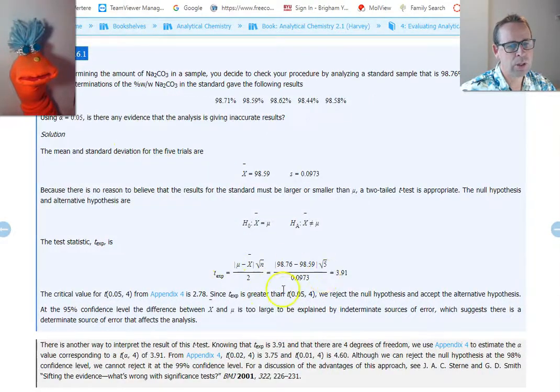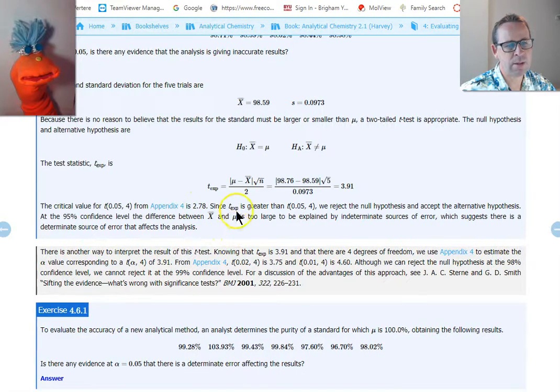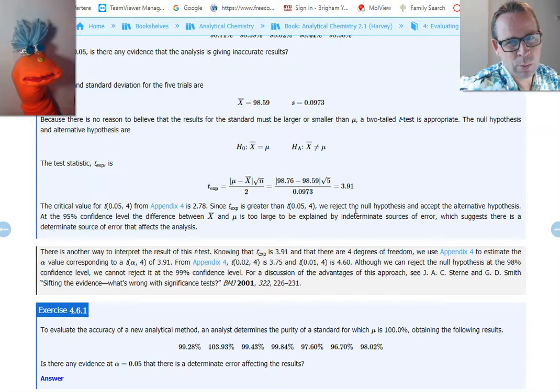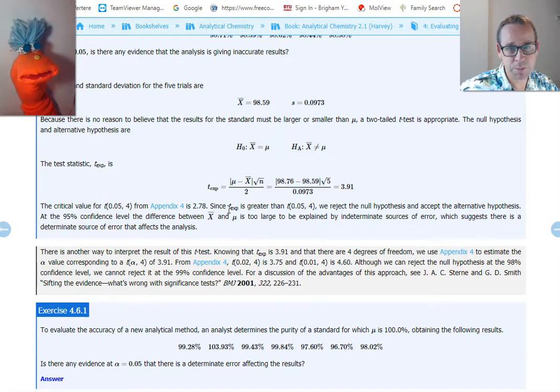So, where are we at? 2.776, or 2.78, is our value. And since our expected t value is greater, we reject the null hypothesis. Essentially, what we're saying is that we would have expected a certain amount of deviation on our sample measurement.